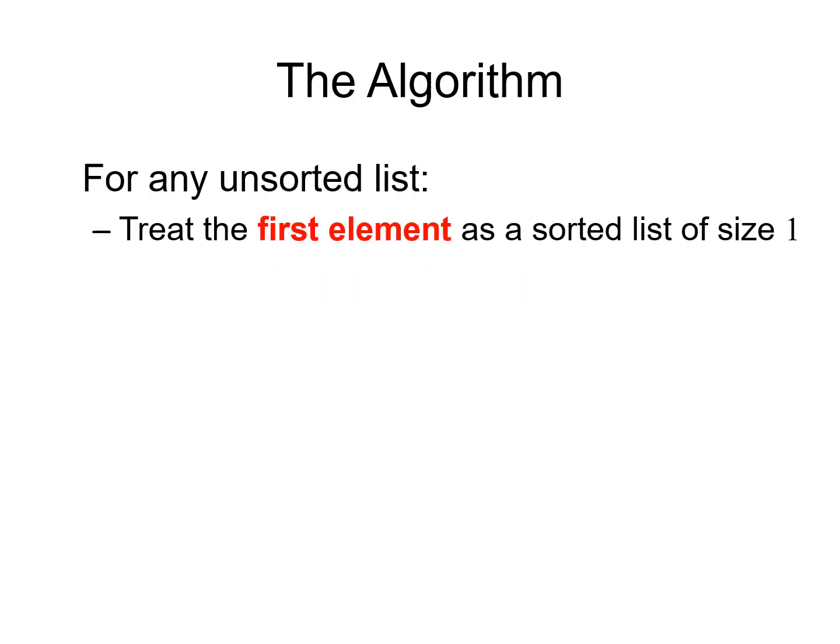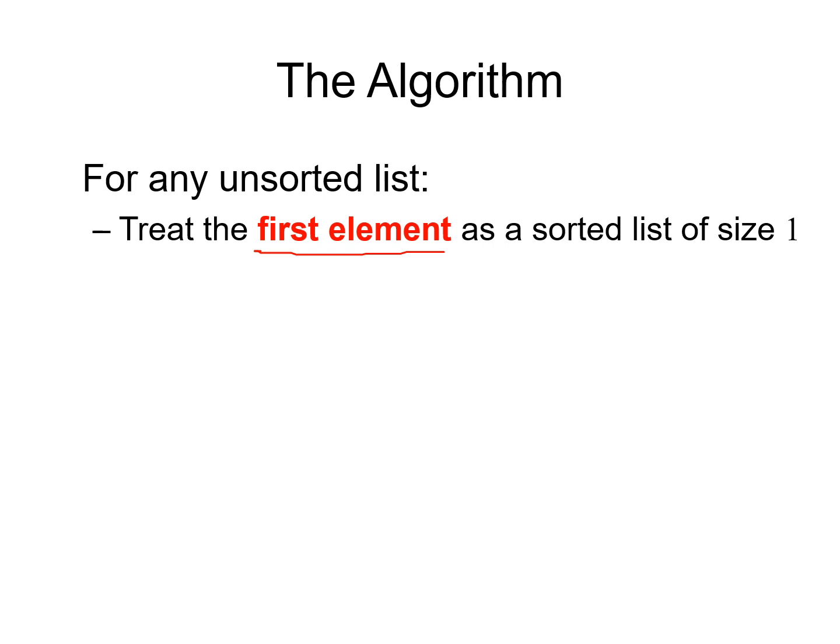So if you want to use the concept of insertion sort, as I told you, you will divide the complete list or array into two parts: sorted and unsorted. Treat the first element as part of the sorted list, because if a list has only one element, it need not be sorted.